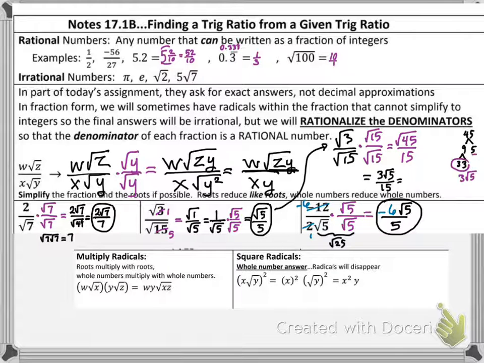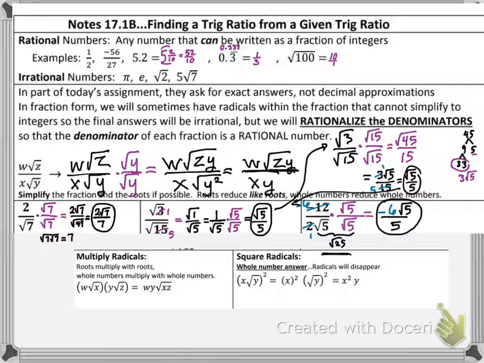And then 3 goes in once, 3 goes in 5, root 5 over plain 5. Same answer that I got over here, just a little longer in case you didn't happen to think about reducing before you started. Same thing could happen with this third example here. If I had not reduced the 6 from the 2 and 12 in the first place, I still could have reduced it later. It still would have worked out.